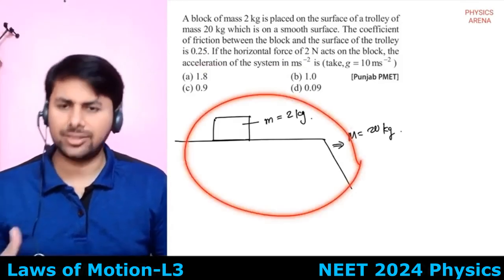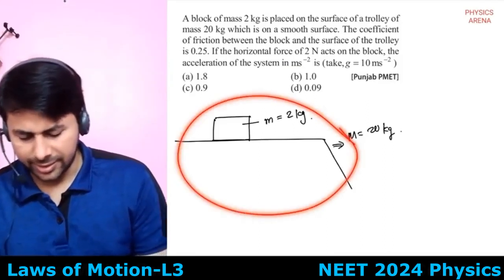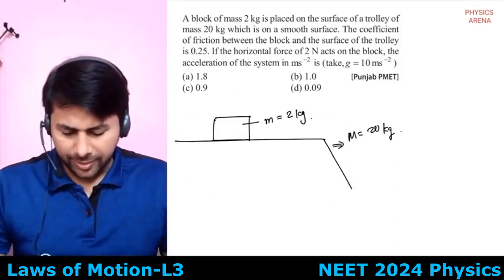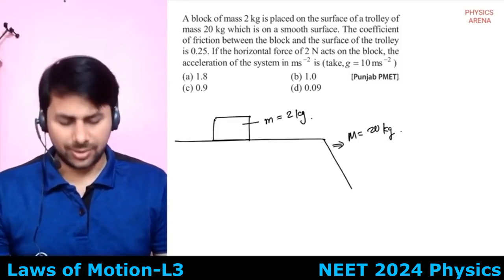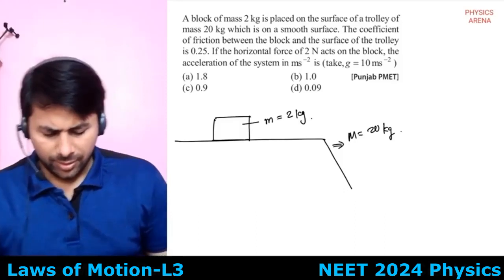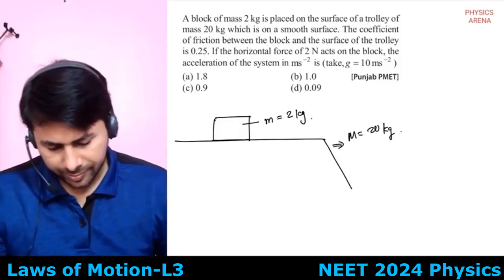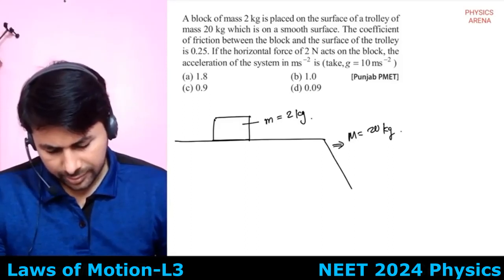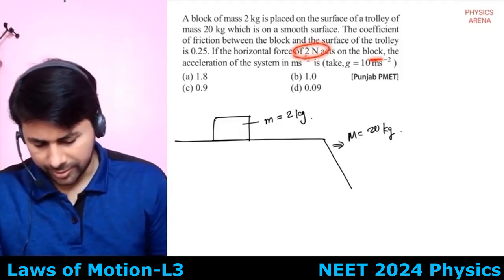So the system is accelerating. This is given. If it is not given, we have to check actually. So the system is accelerating, that means the net force, the horizontal force of 2 Newton acts on the block.